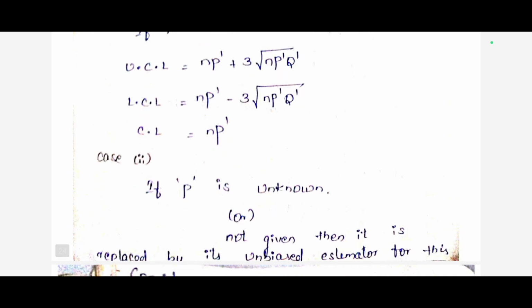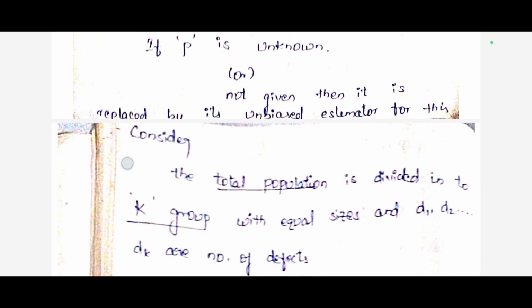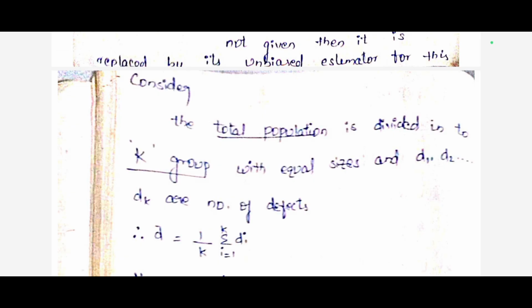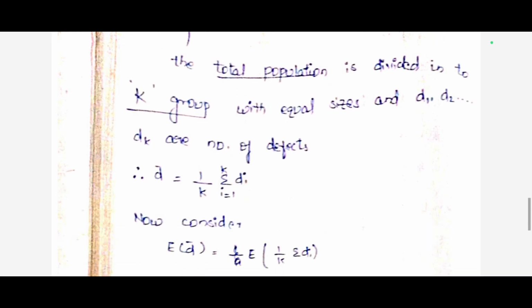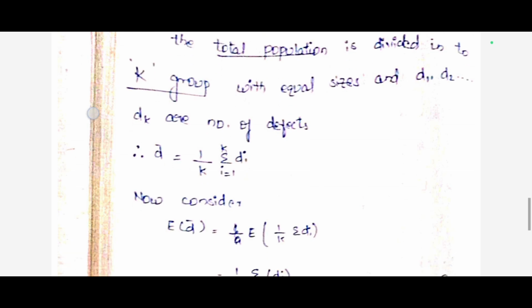Case 2: if P is unknown, then it is replaced by its unbiased estimator. For this, consider the total population divided into K groups of equal sizes, with D1, D2, D3 and so on up to Dk being the numbers of defectives. What is D bar? It is 1 divided by K summation i runs from 1 to K of Di.